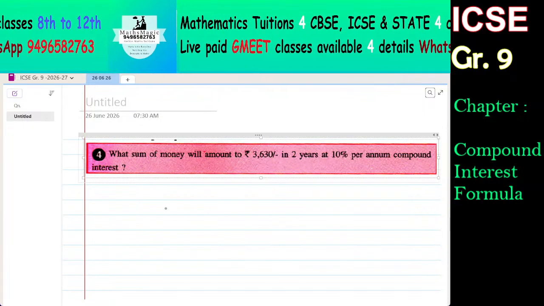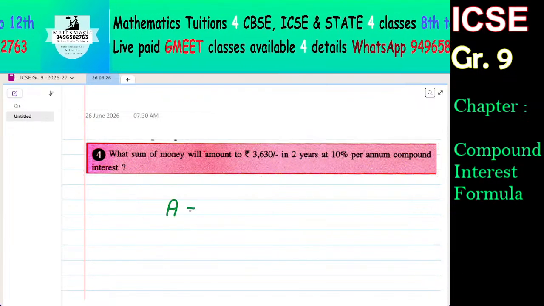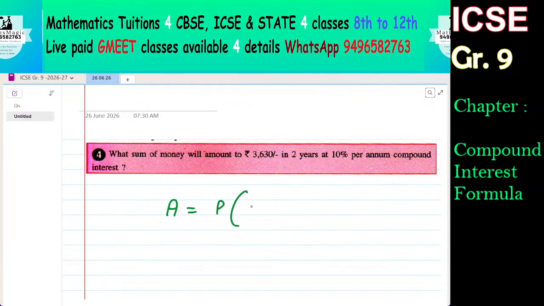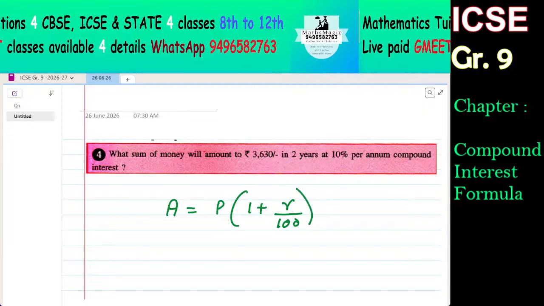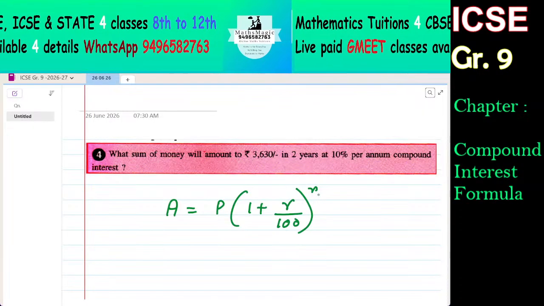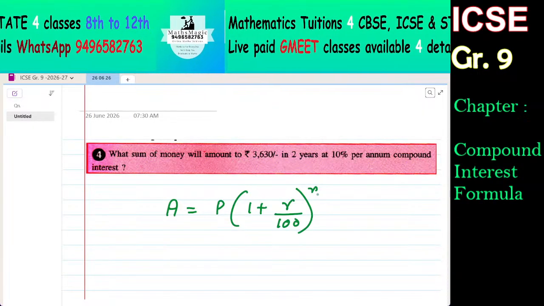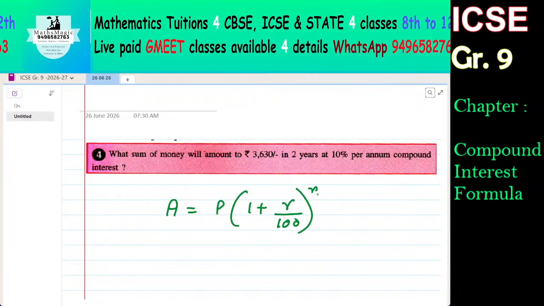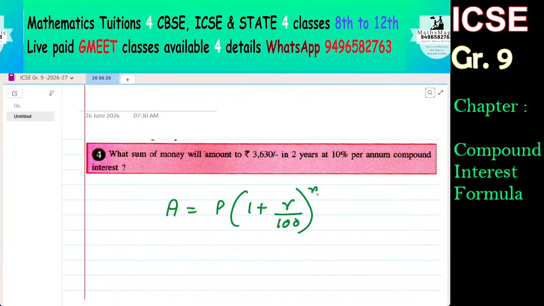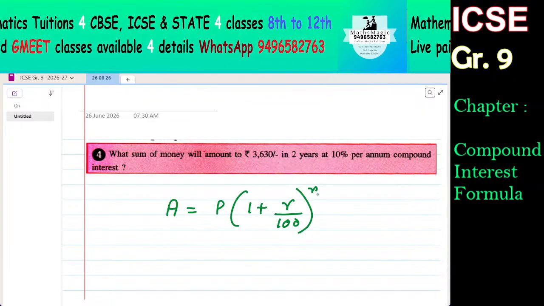So usually we write it as A equals P times 1 plus R by 100, the whole raised to N. If it is annually, then we will have a small difference in the formula for quarterly and half yearly. We will deal with it later.